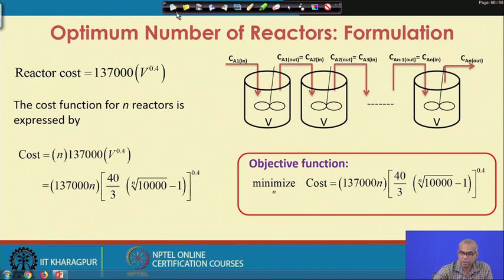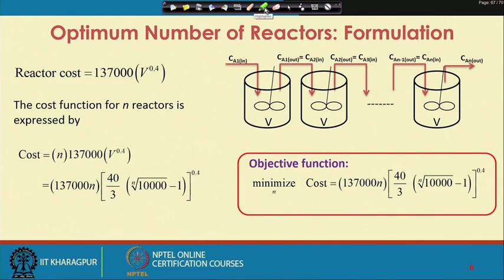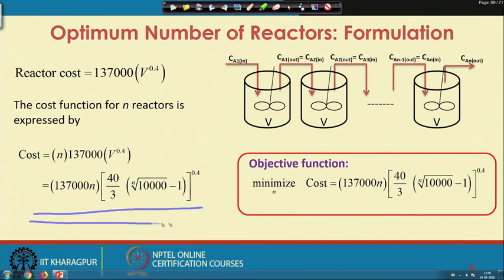Now, we have been able to relate V with n here. So, let us substitute V. So, that is what we are doing here. By substituting the relationship of V and n, we are able to express the cost expression as a function of n alone.